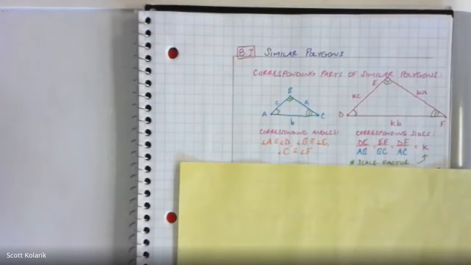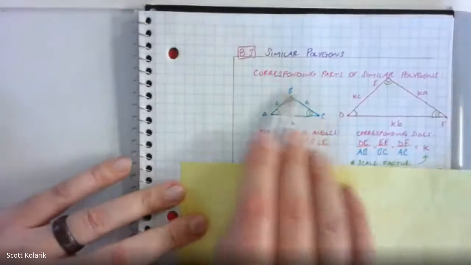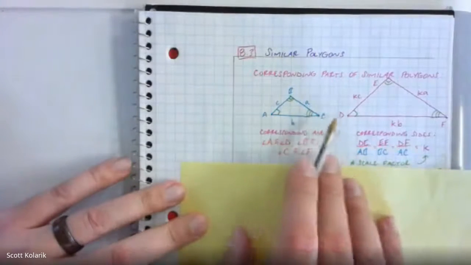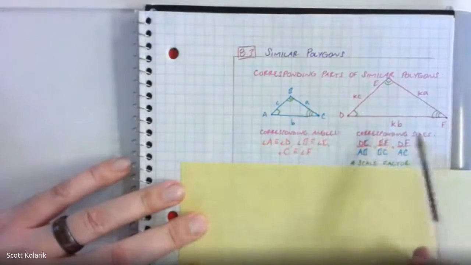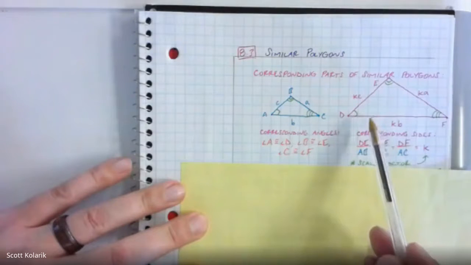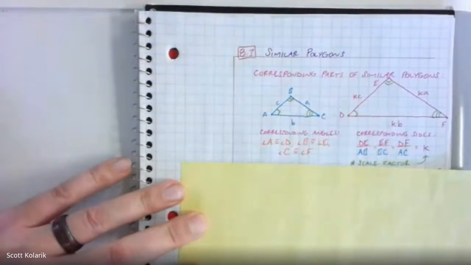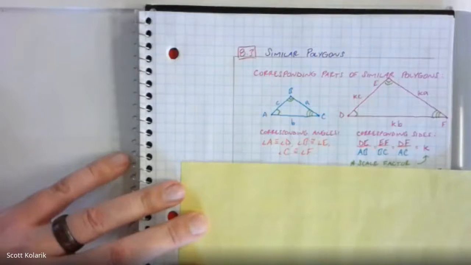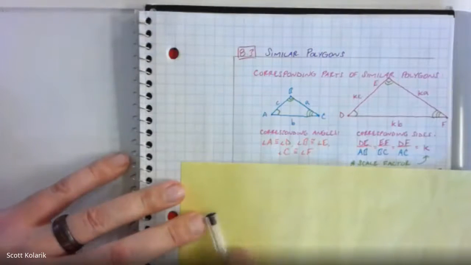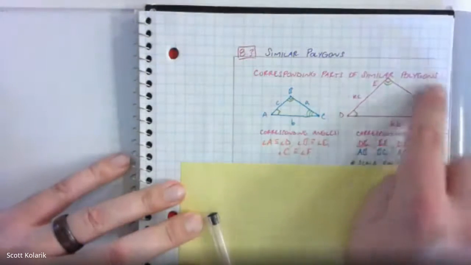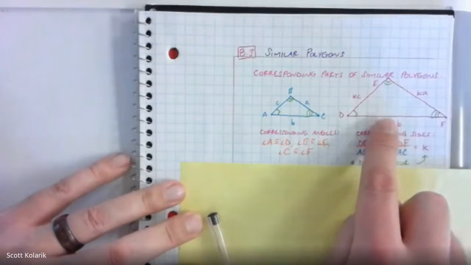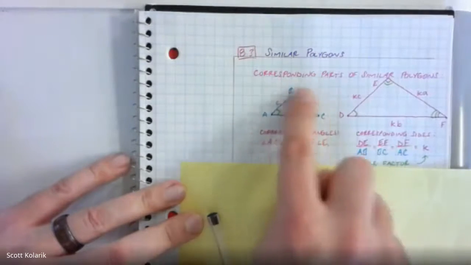You will not always be presented with your original figure, whichever one it might be, and its image or its dilation. They won't necessarily be oriented the same. What we learned in section 2 is that I can do a series of what we call transformations. For instance, I could take this magnified triangle right here, which is a dilation, a magnification, an enlargement of this original triangle.